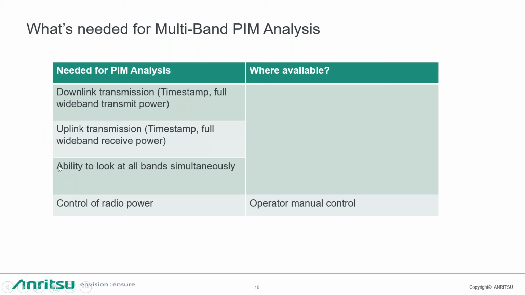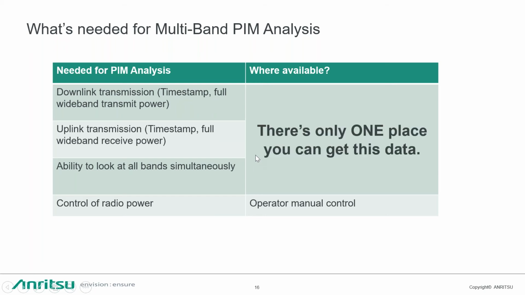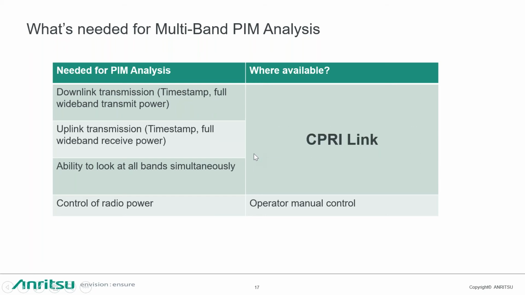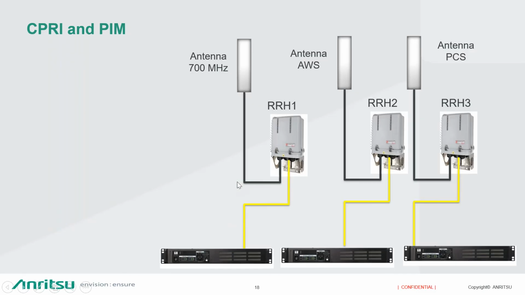We need the ability to look at all of the bands simultaneously, and we need to be able to control the radio power, which is going to give us those IM products very clearly. There's only one place that all of this is available, and that place is the CPRI link. So we're going to look at a scenario where we use the CPRI link to do a multi-band PIM analysis to answer all of the questions on PIM diagnosis that I just talked about.